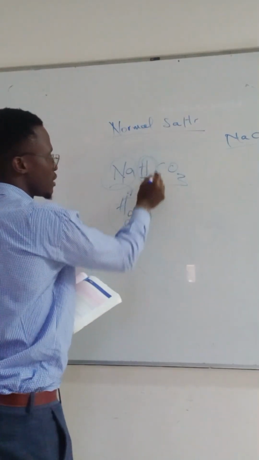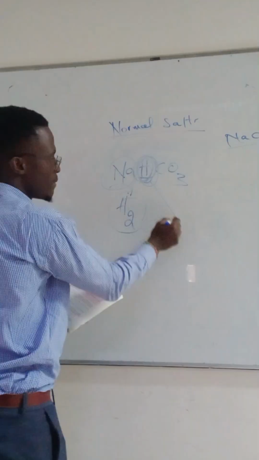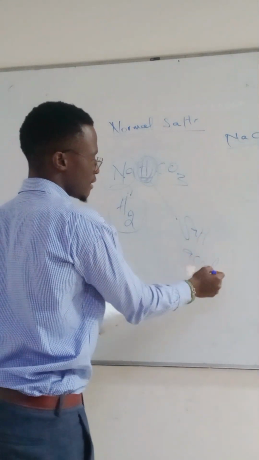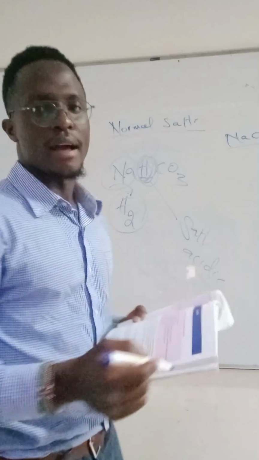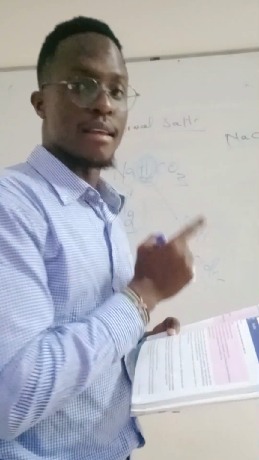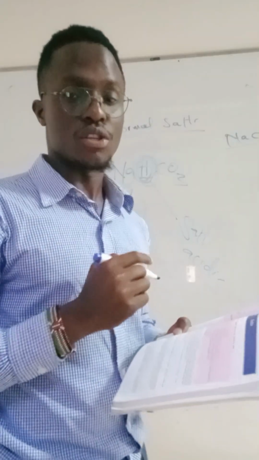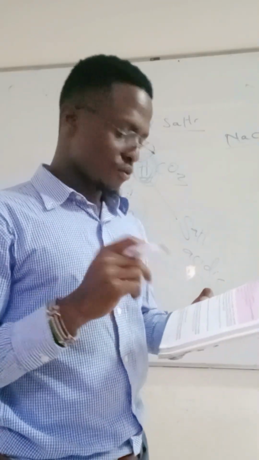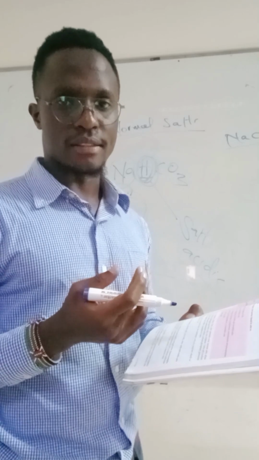The one hydrogen that is remaining here is making the salt acidic. That is why we call this an acid salt. That is one example of acid salts.